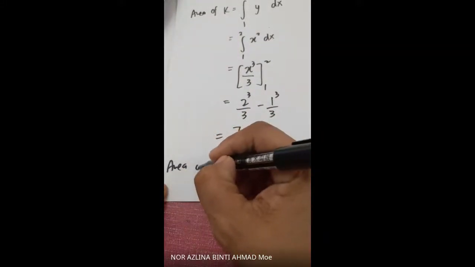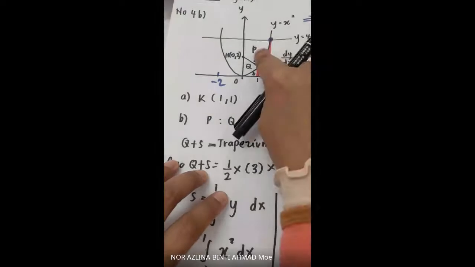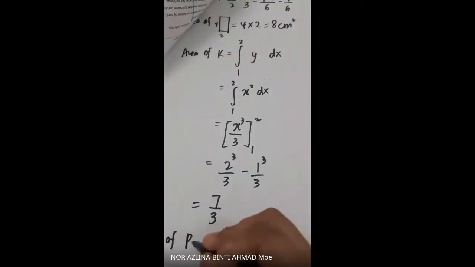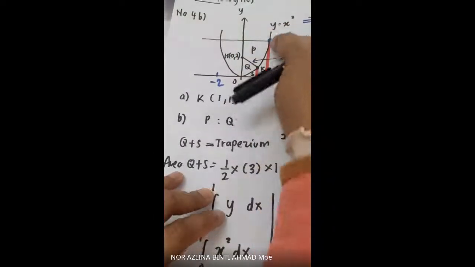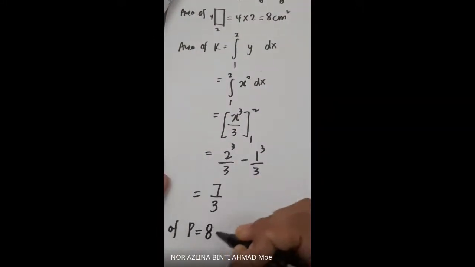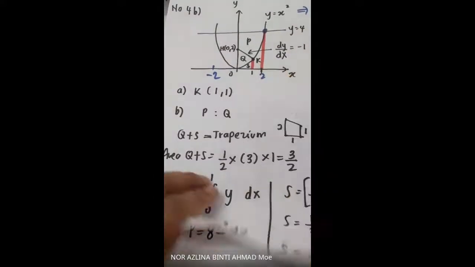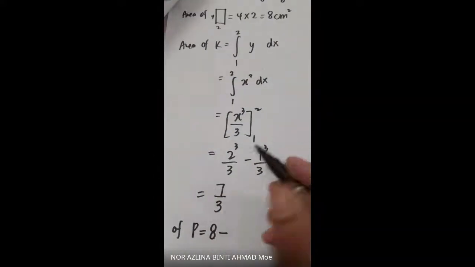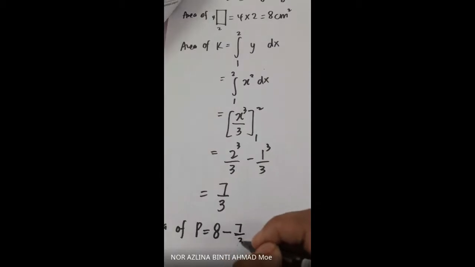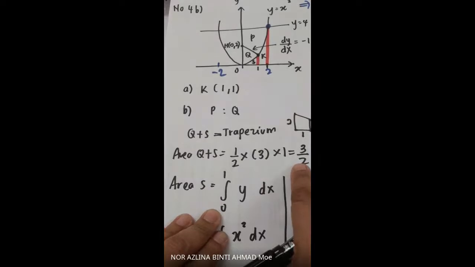Area of P, we want P just now. To get P equals rectangle. Rectangle is 8 cm squared, 8 minus K just now, K is 7 over 3, minus Q plus S. Q plus S just now is 3 over 2.